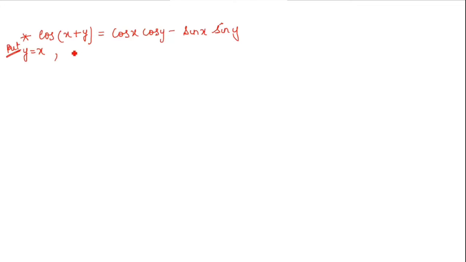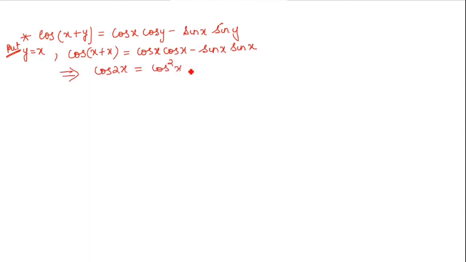So what am I going to get? I'm getting cos x plus x, that is equal to cos x cos x minus sin x sin x. Where there is y, I'm putting x. So you arrive at the first formula: cos x plus x, which is cos 2x, is equal to cos square x minus sin square x.